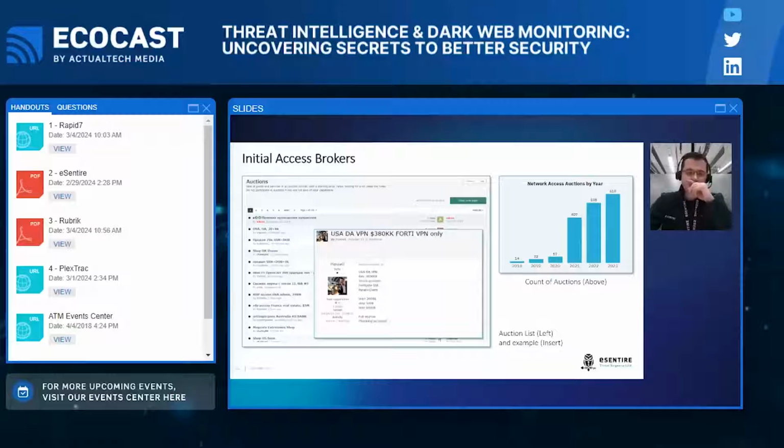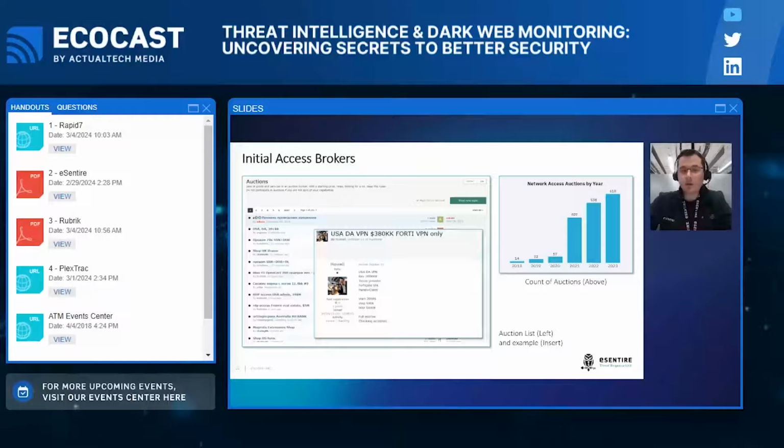Unfortunately, these access auctions are rising year over year since 2021, and I believe ransomware groups are driving the broader underground economy that supports network access, and without a doubt using these auctions to gain access into victim networks for deploying ransomware. And if you want an example of that, there was just recently the law enforcement takedown or actions against Lockbit. And they revealed some of the insider operators and affiliates.